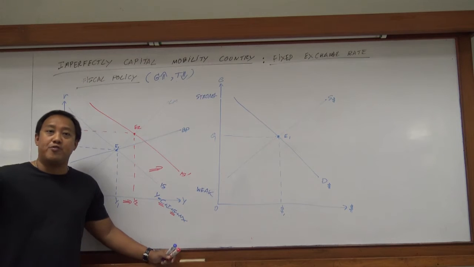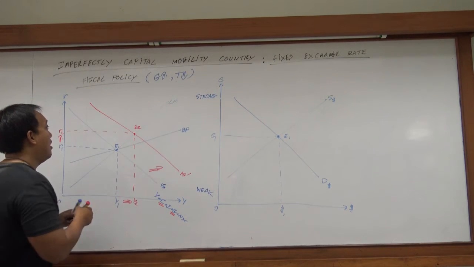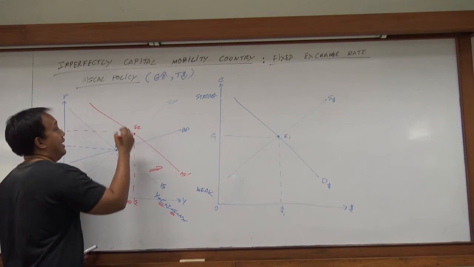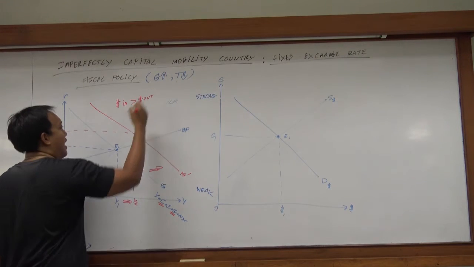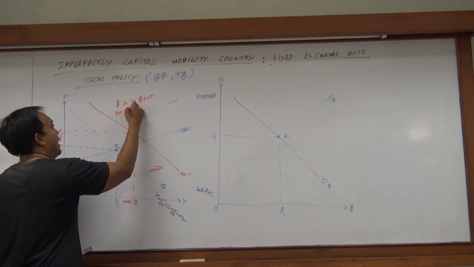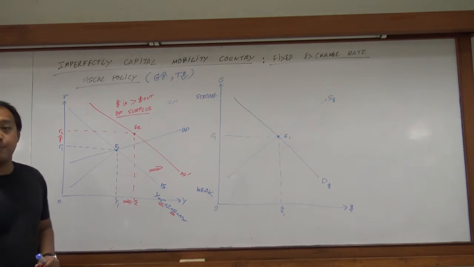So everyone wants to move their money to our country. At equilibrium point E2, the money flowing in is going to be greater than the money flowing out. The balance of payments becomes a surplus.